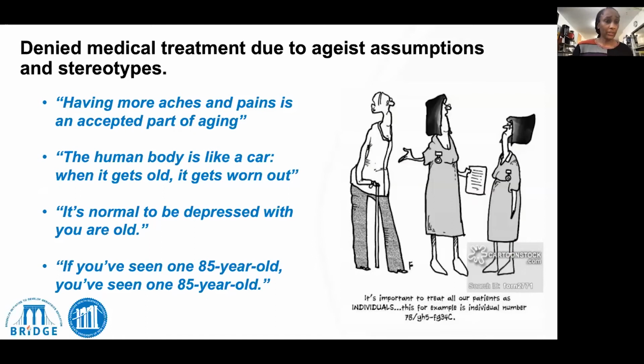In terms of underutilizing resources or denying medical treatment due to ageist assumptions, we've often heard comments like having more aches and pains is an acceptable part of life, or the human body is like a car when it gets old and worn out. Folks hold on to these and believe it's a part of the aging process and there's nothing we can do. But there are things we can do about aches and pains, and especially about depression.